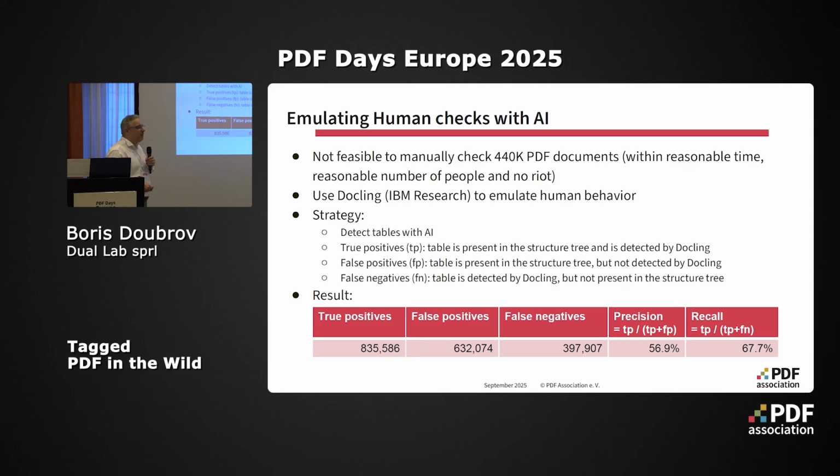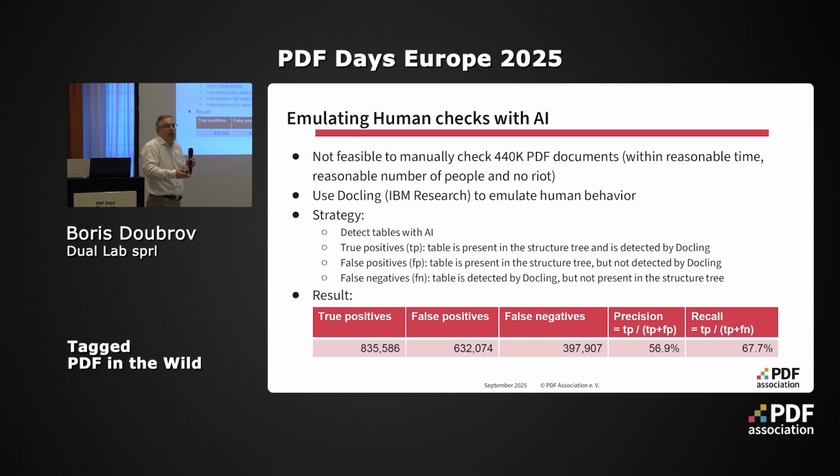So 56% of tables. And then we have recall, this is how many tables DocLink finds which are included into the structure tree. So you see that the numbers are not really very surprising, not high, not low.